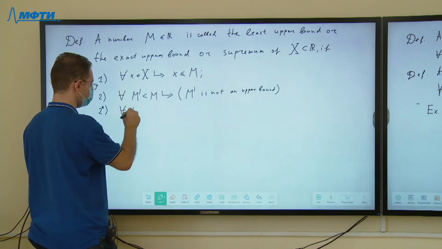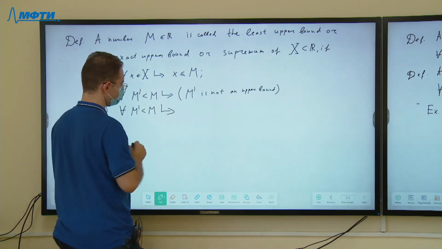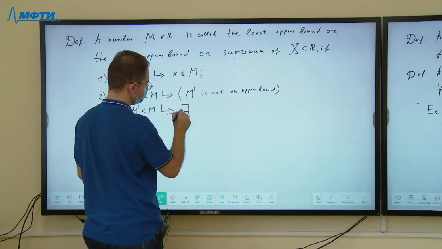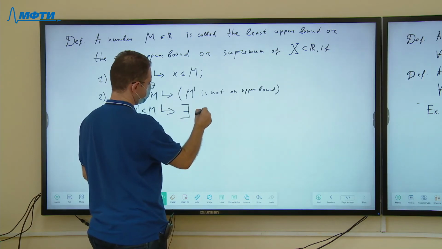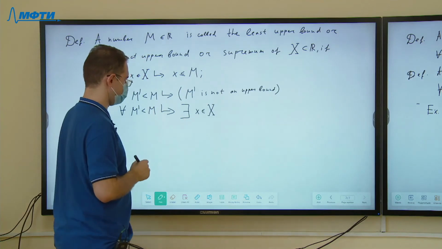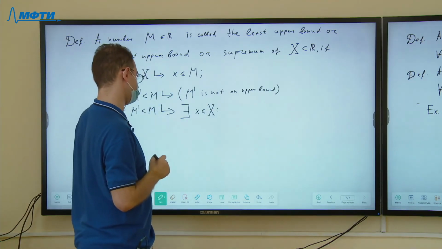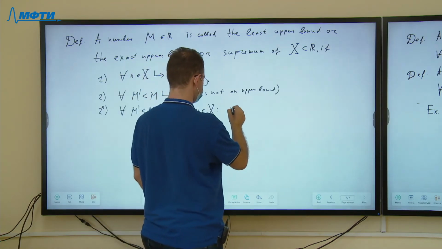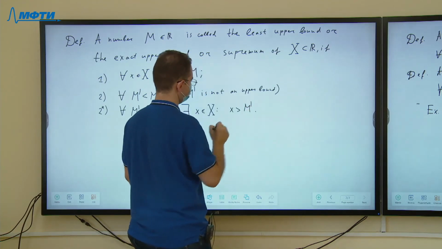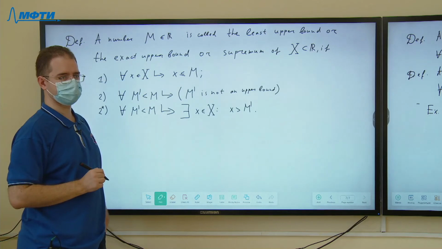For any M dash less than M, it follows that there exists x from my set such that x is greater than M dash. Correct?